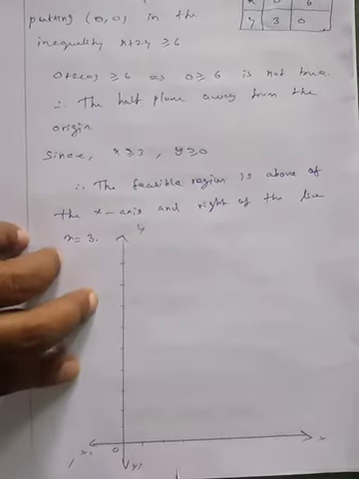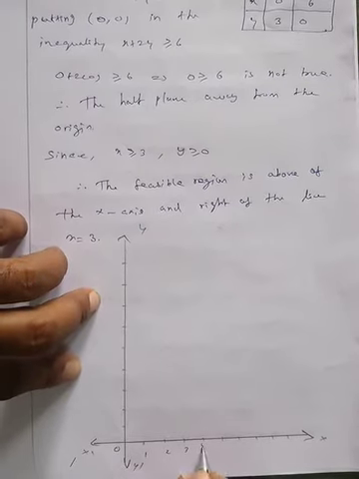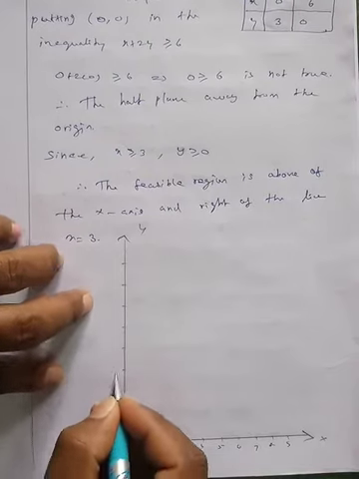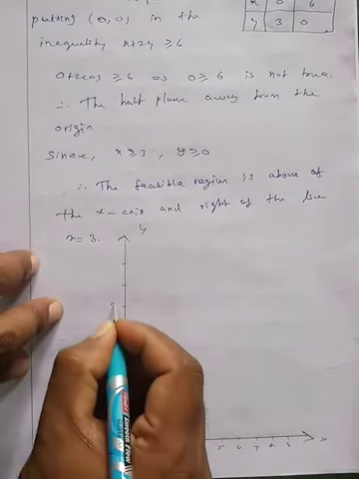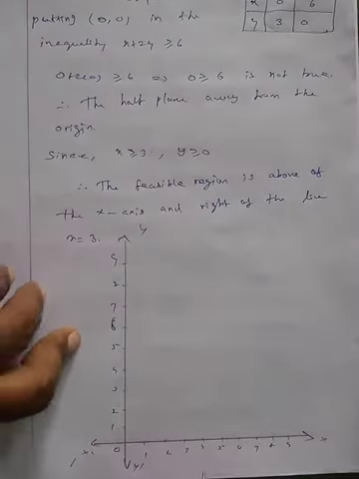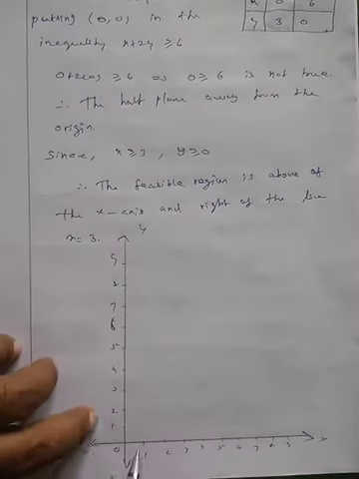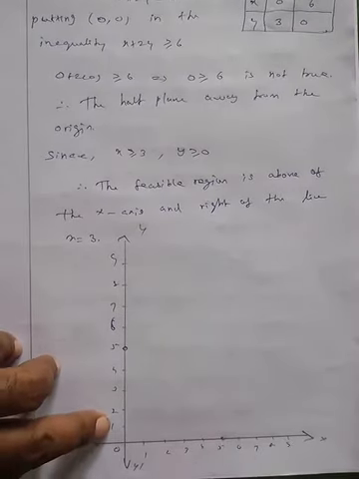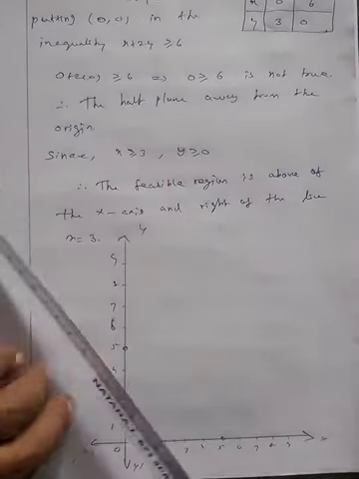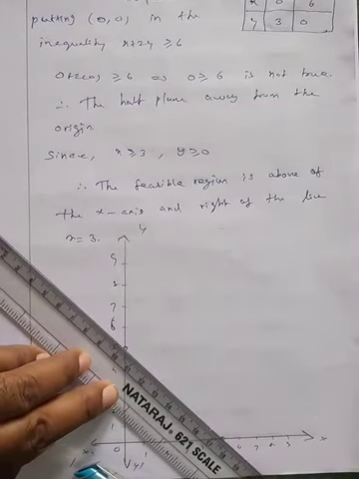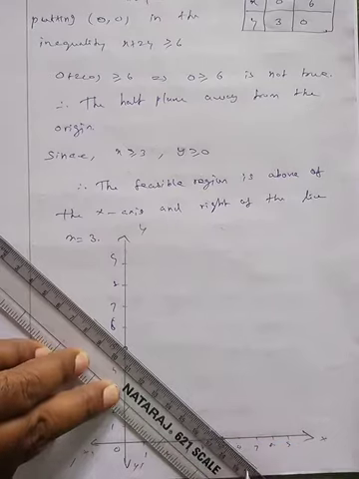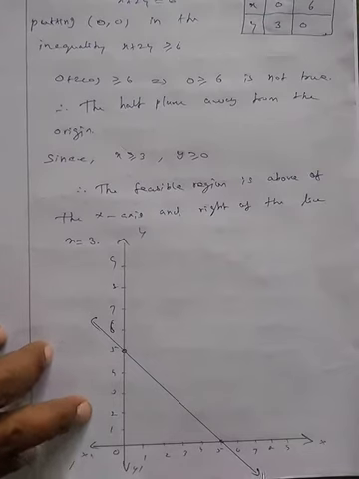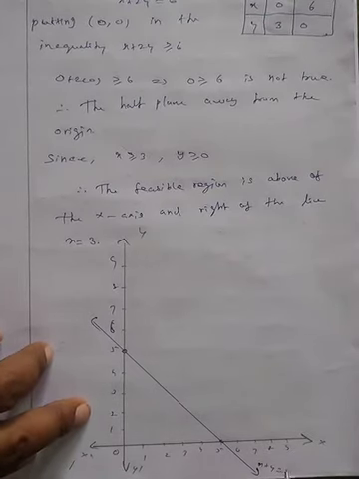Now draw the lines. First line: points (0, 5) and (5, 0). Join the points, and this is the line x plus y is equal to 5.